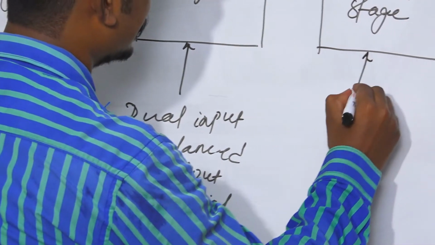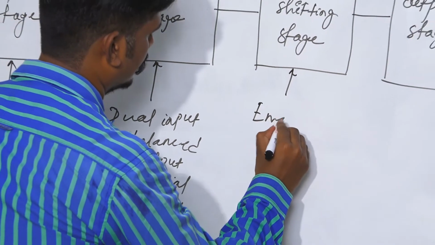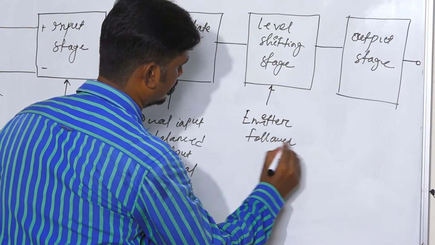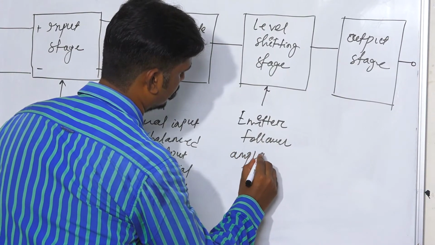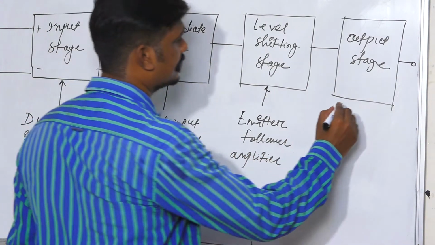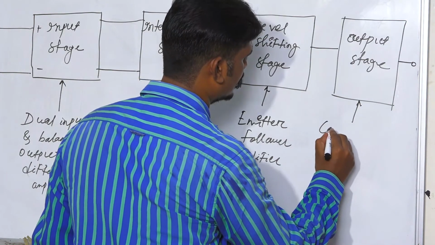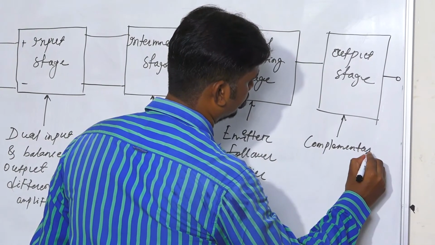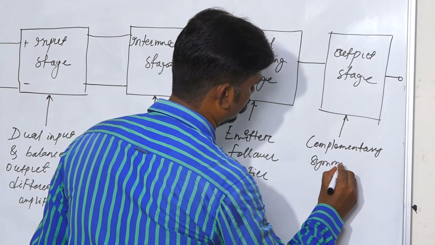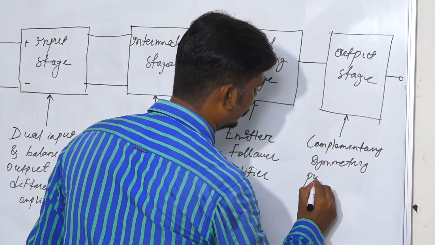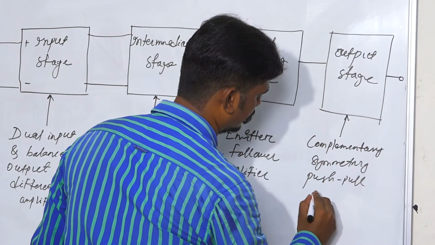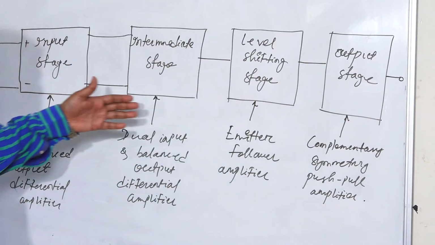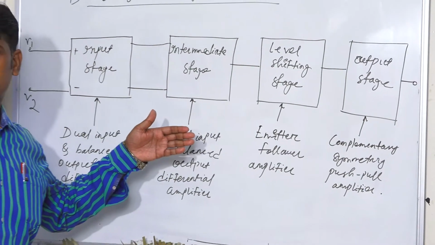In the level shifting stage, we use emitter follower amplifier. And in the last stage, that means in the output stage, we use complementary symmetry push-pull amplifier. The whole total is the block diagram of typical op-amp.